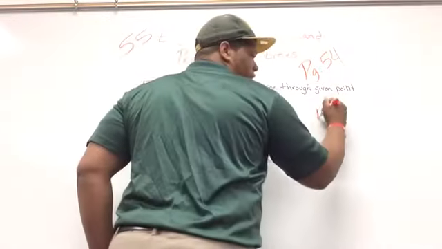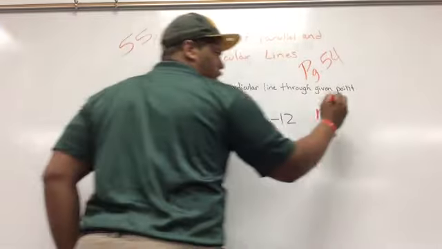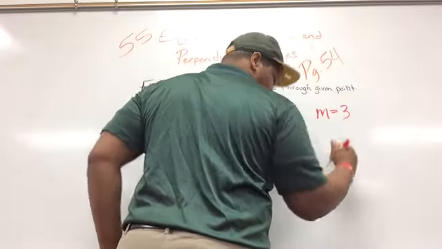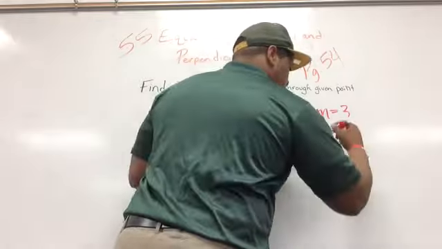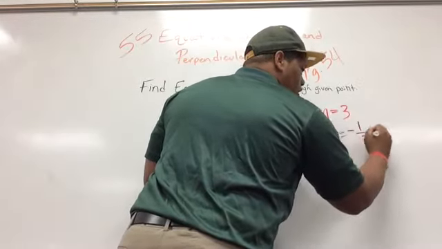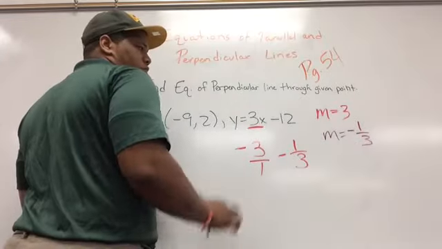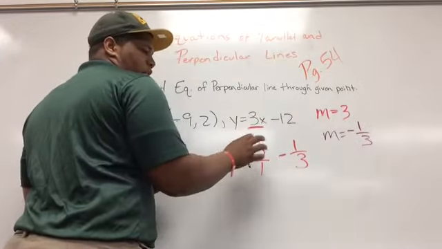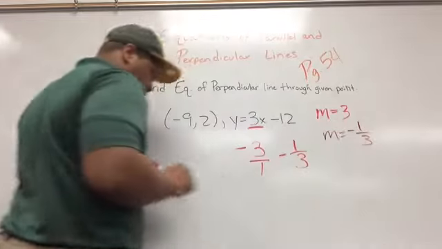So now, my first slope from this line was 3, and my new slope is -1/3. My slope of a perpendicular line is -1/3.